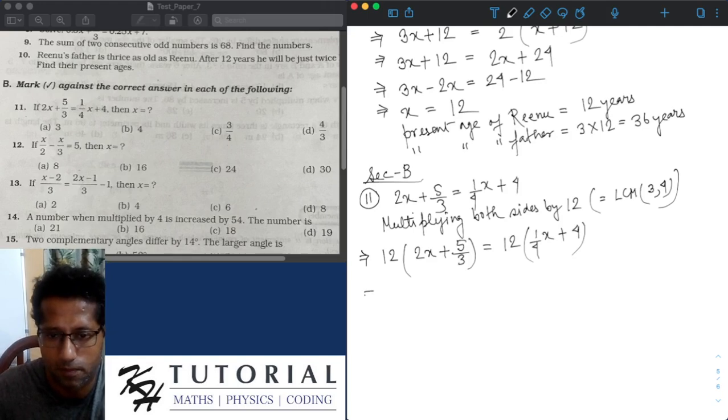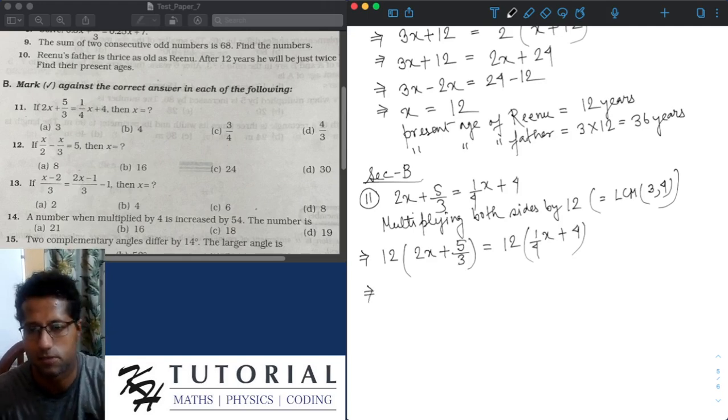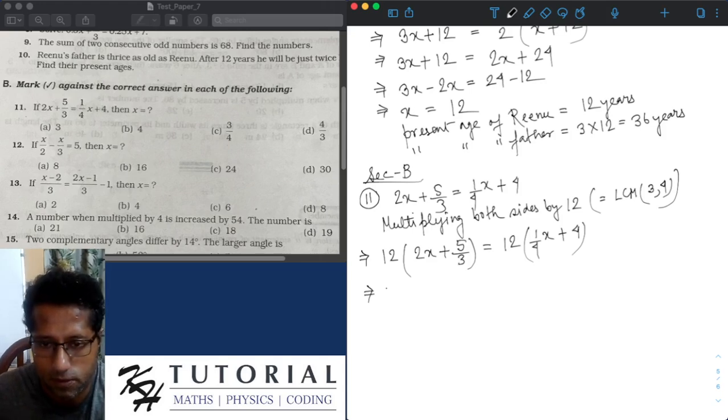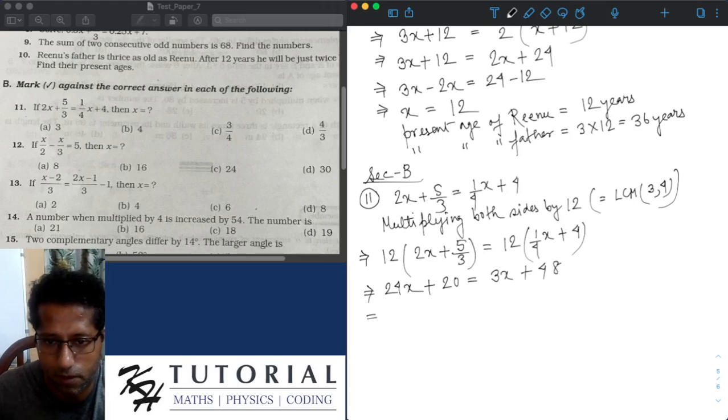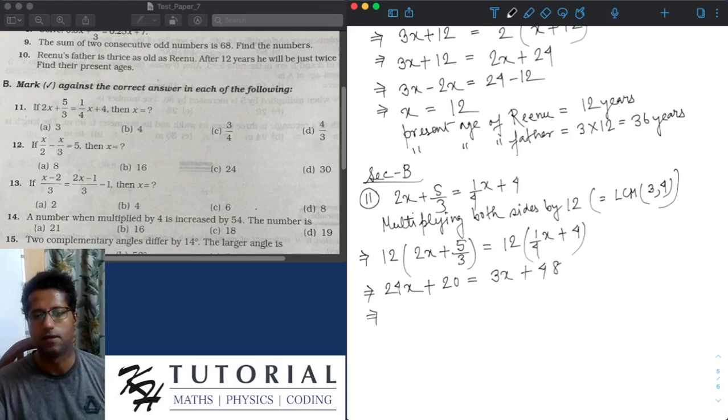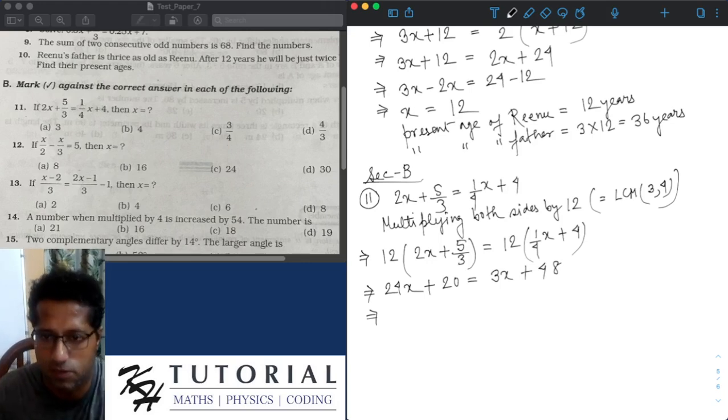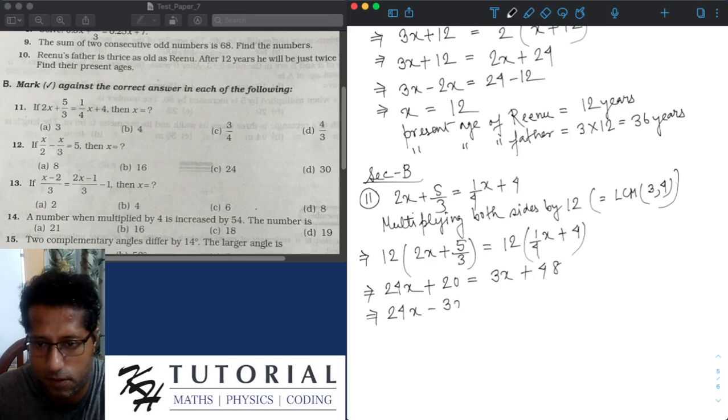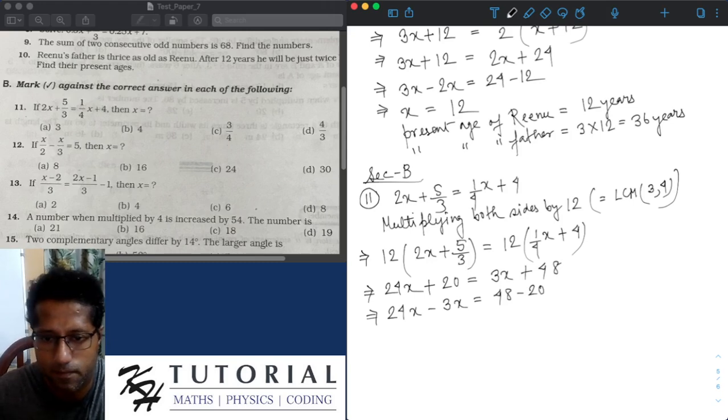Now if we open the brackets and do the products on both sides, we get 24x plus 20 equals 3x plus 48. Now we bring all the x terms, variable terms, to the left hand side and all the constant terms to the right hand side. By using transposition of terms, we get 24x minus 3x equals 48 minus 20.